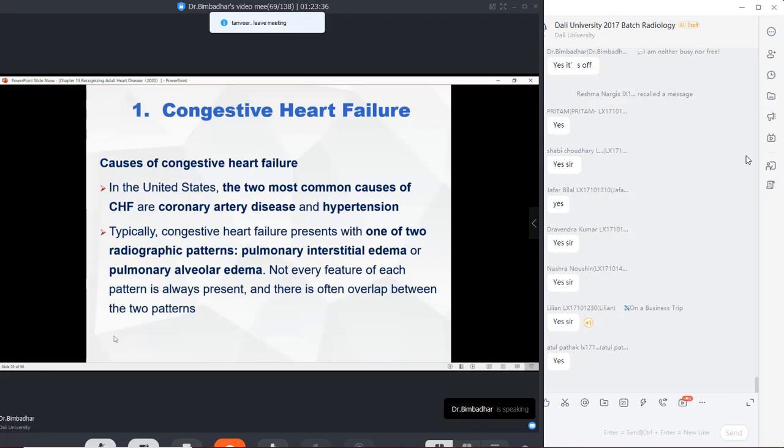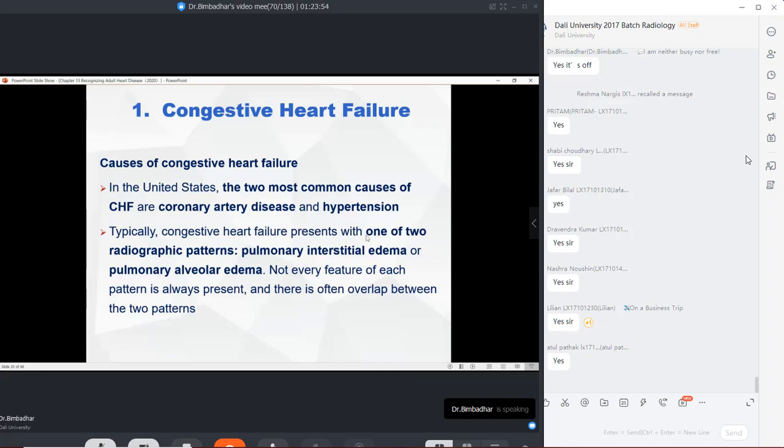Okay. So what exactly is the typical radiographic appearance in congestive heart failure? There will be pulmonary interstitial edema, or there will be pulmonary alveolar edema. I think we know about these radiographic patterns before.